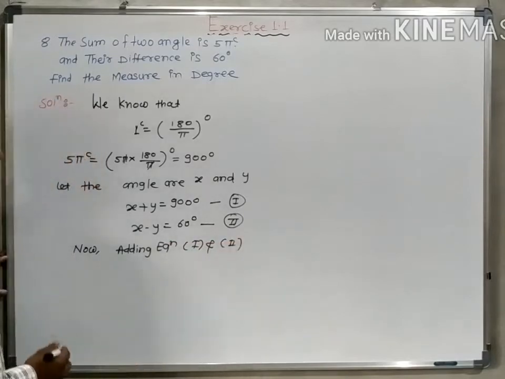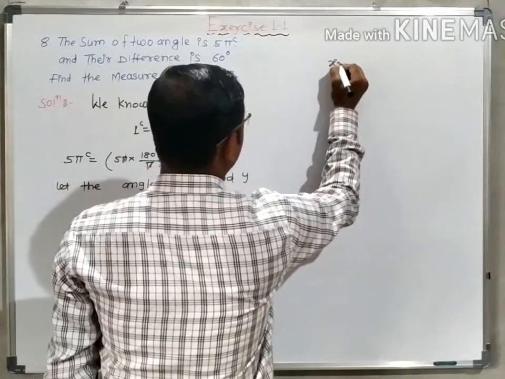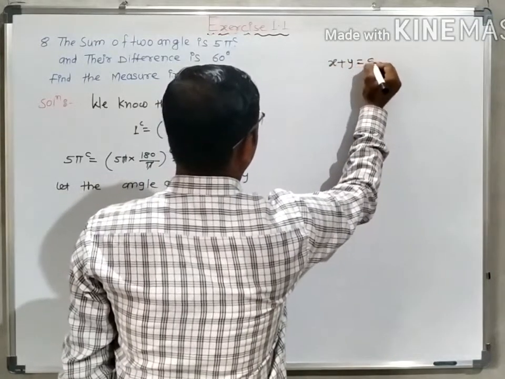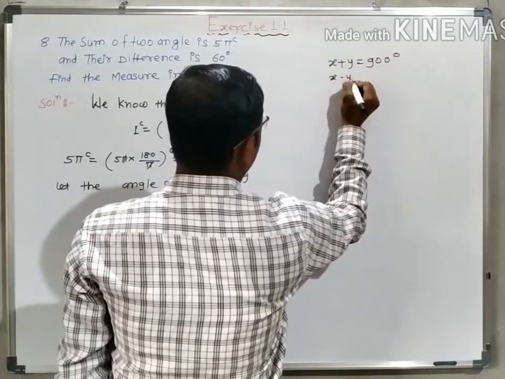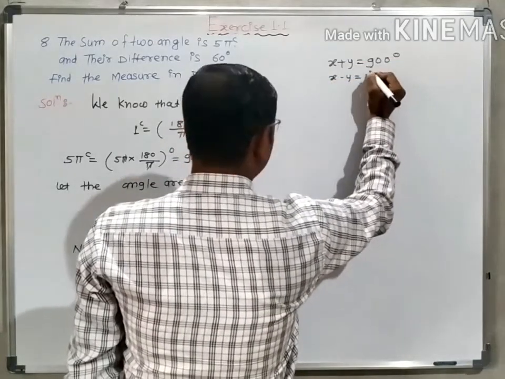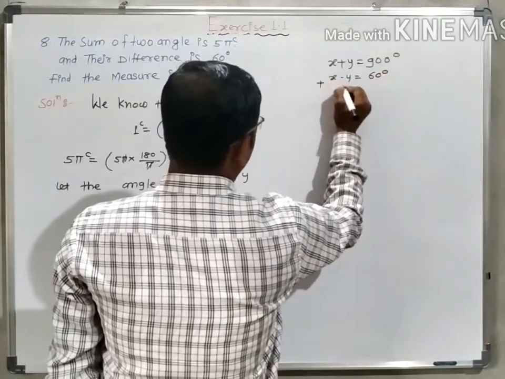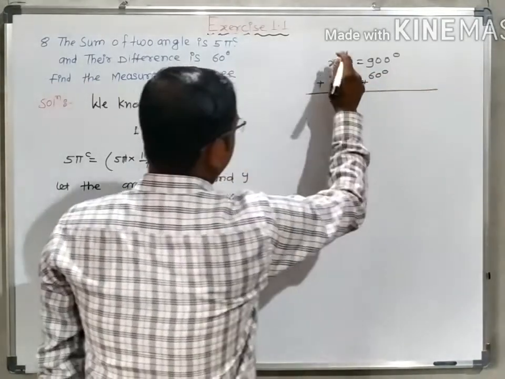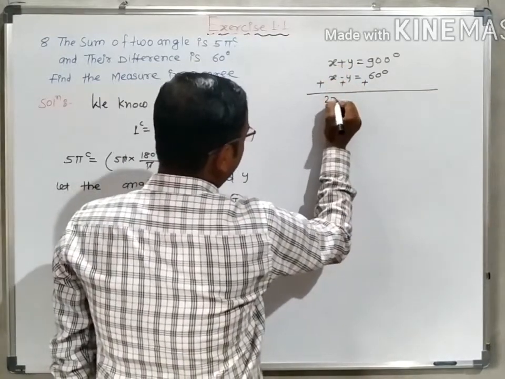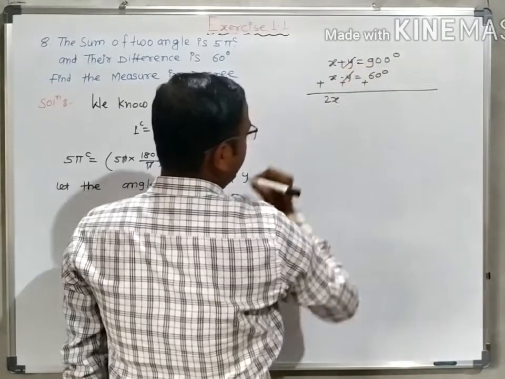So the first equation is x plus y is equal to 900 degree, and the second equation is x minus y is equal to 60 degree. Okay, so this is an addition. So x plus x is 2x, and positive y and negative y get cancelled.